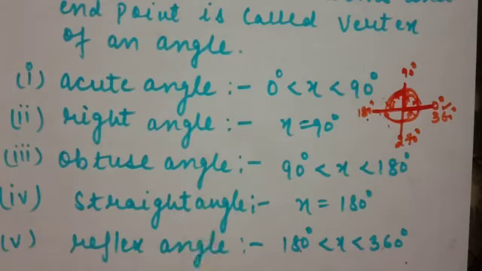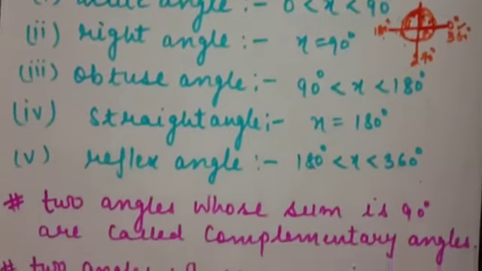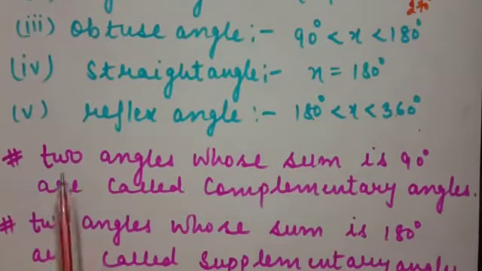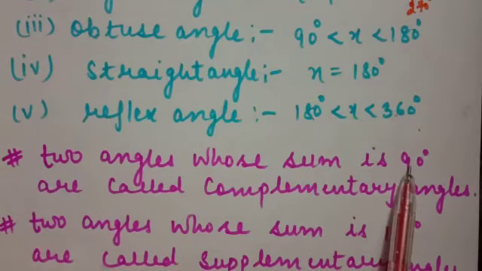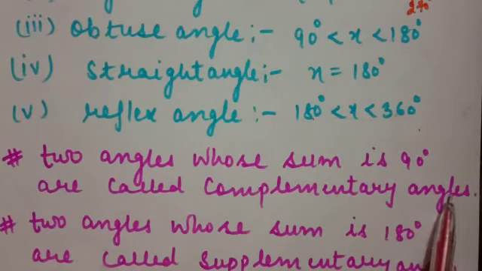We have another type of angles like corresponding angles and alternate angles. We will discuss them later. Now the next 2 types of angles are complementary angles and supplementary angles. Two angles whose sum is 90 degrees are called complementary angles.